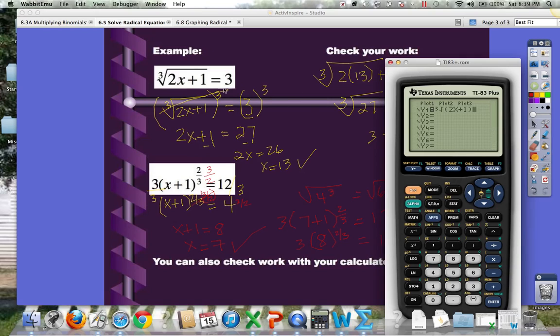And then, where it says equal 3, you go down to y2, and you put a 3. So you do one half of the equation in y1, and the other half of the equation, no matter what it is, in y2, and then you graph it.